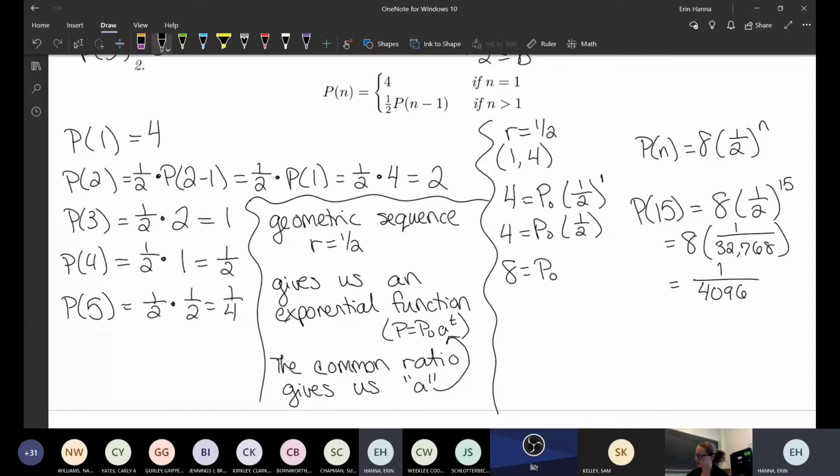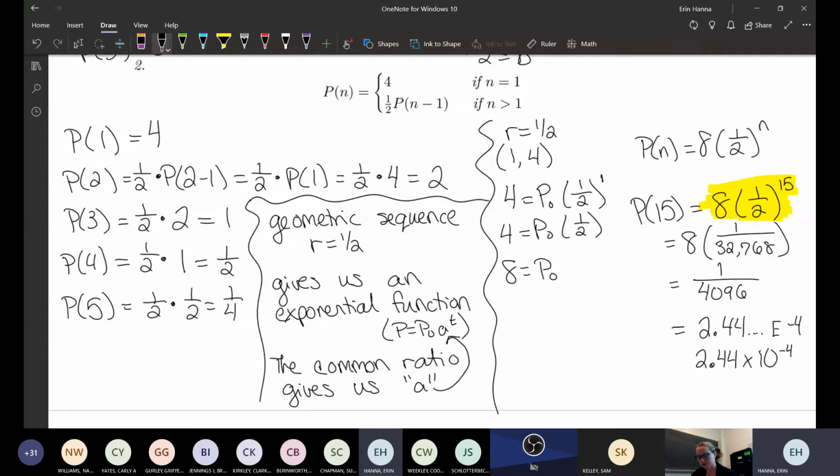Now, if you were to punch just this into your calculator, technically what it puts out is, mine is saying 2.44 and so on, and then e to the negative fourth, which means scientific notation times 10 to the negative fourth.